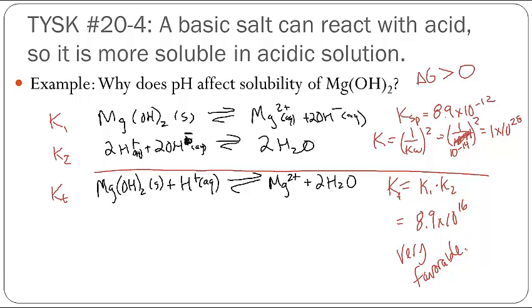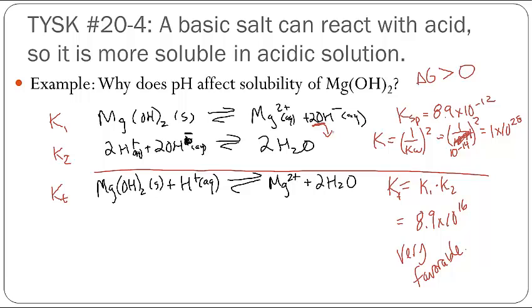For those of you at home, I'm talking about the OH value here. If this keeps going down, which way does my reaction keep shifting? It keeps shifting to the right. Whereas before I wasn't really dissolving very much, now I get more and more of my MgOH2 to dissolve because I'm taking this OH minus out of solution.